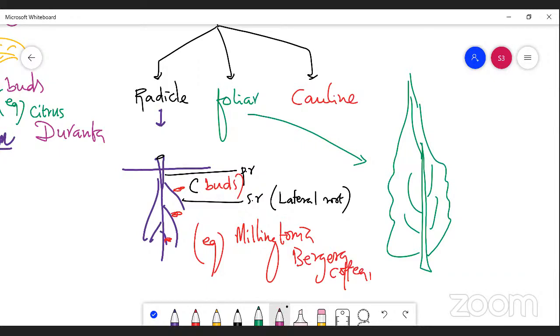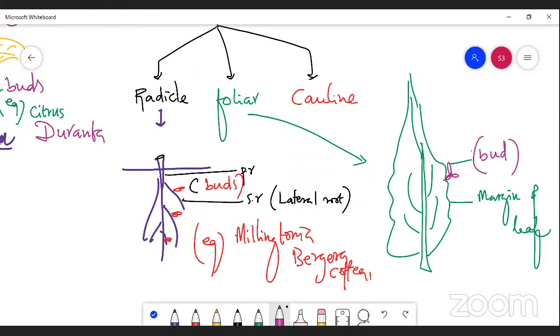Here buds may arise either from the margin of the leaf, the marginal part, or from the medial part of the leaf or the vein portion of the leaf.